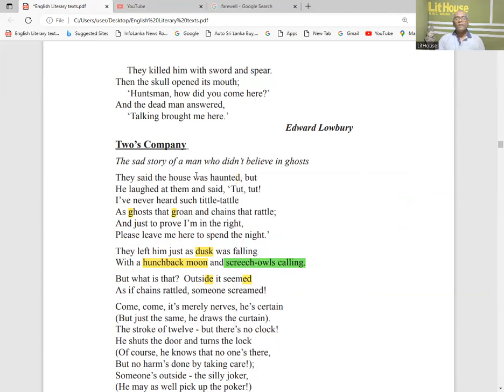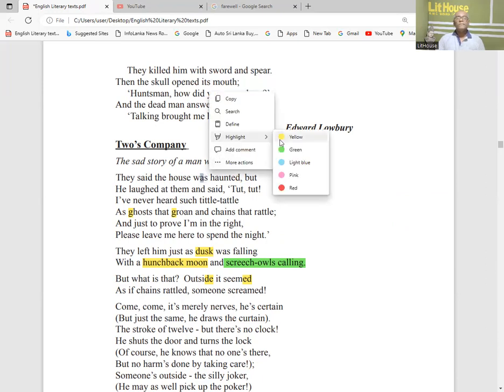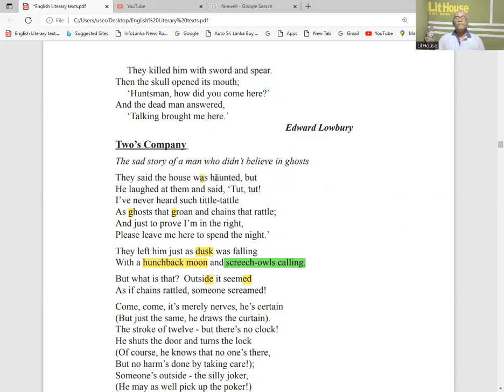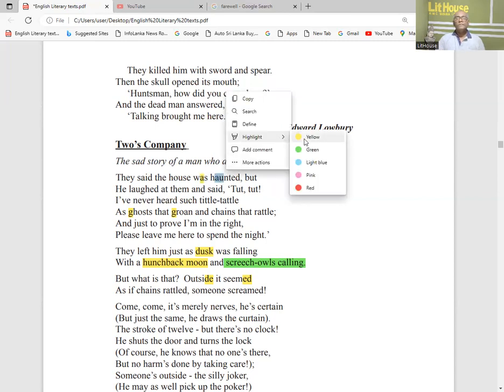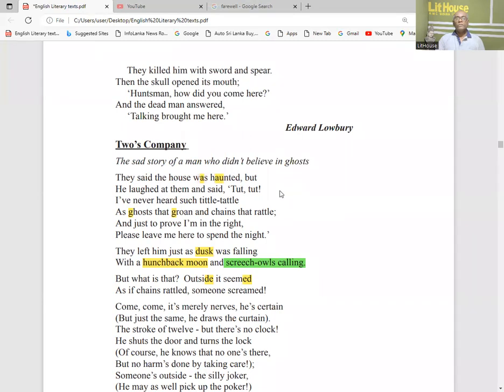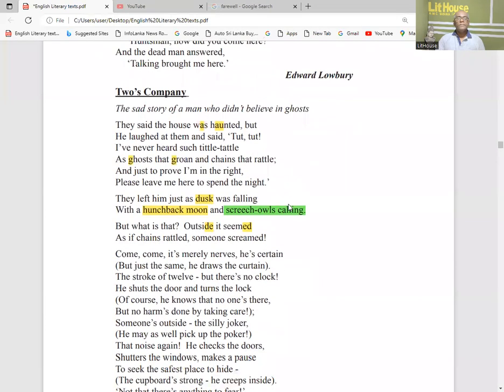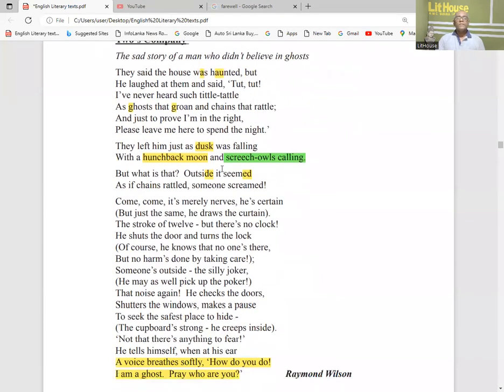House was haunted. Can anyone send me the answer? Here, O: was, O, and haunted, O. Some example for assonance.